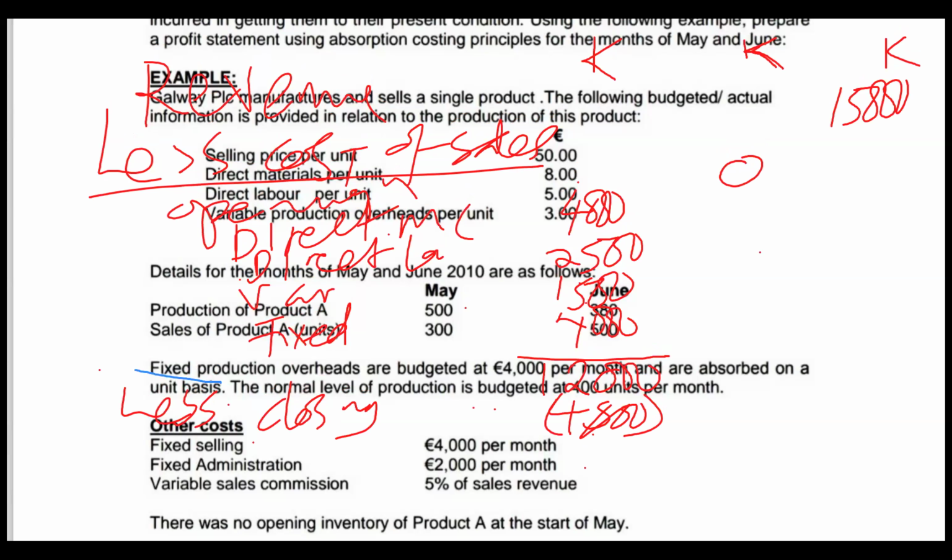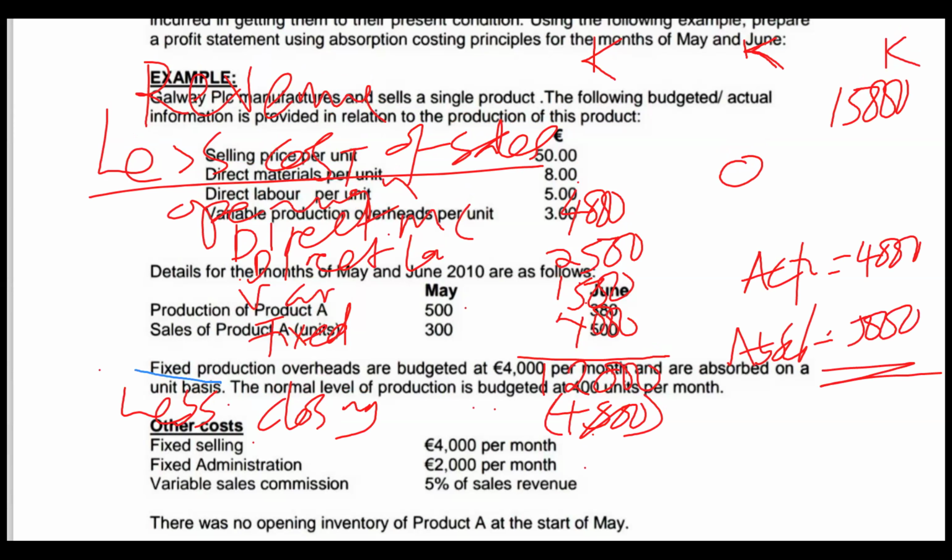You remember there was the actual one and the absorbed one. The actual one was this 4,000, and we also have the absorbed 5,000. So let me confirm one more time which one we have to add here, the actual one or the absorbed. Just a minute, sorry.